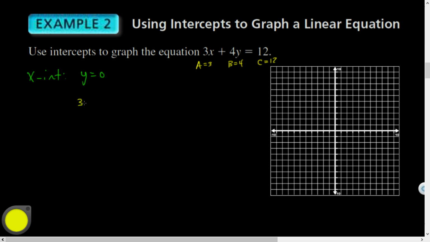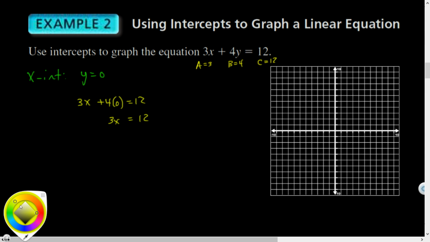Here we go. So 3 times x plus 4 times 0 equals 12. And I'm now going to solve for x. Notice, what is 4 times 0? 0. Awesome. And 3x plus 0 is going to equal 3x. So one of the nice things about the intercepts method is it just kind of makes these super simple.